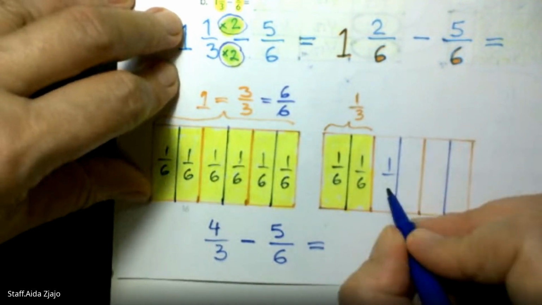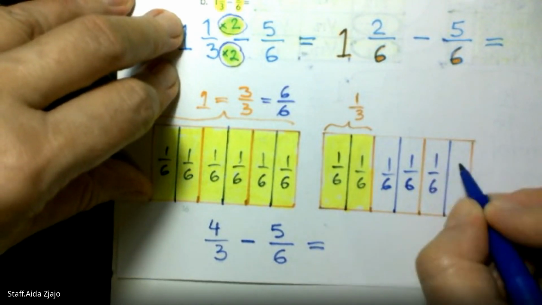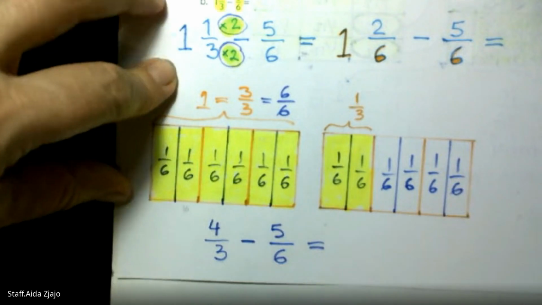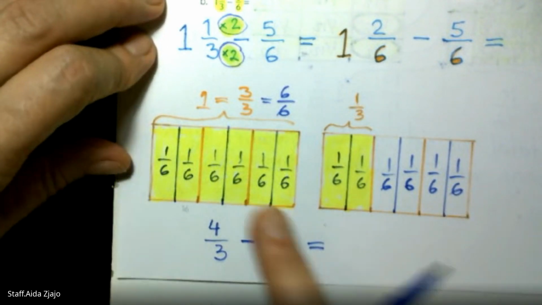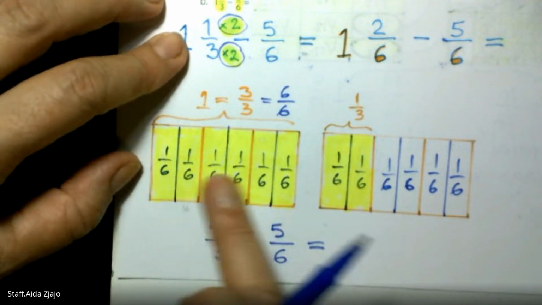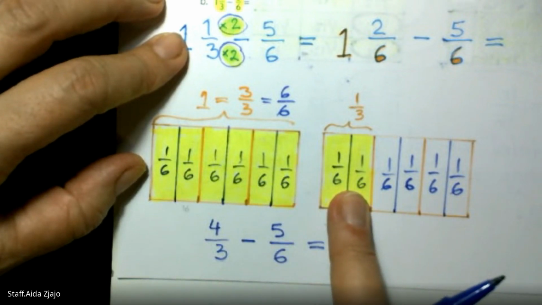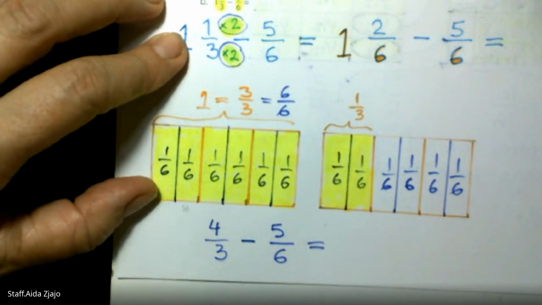Okay, so this is what I have. I needed to show one whole and 1/3 in sixths.